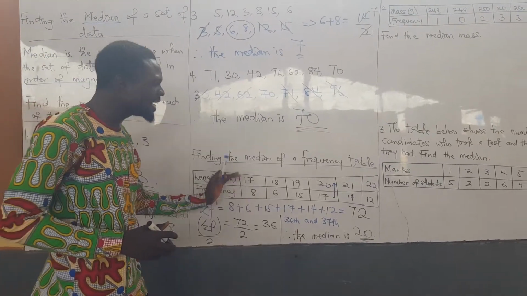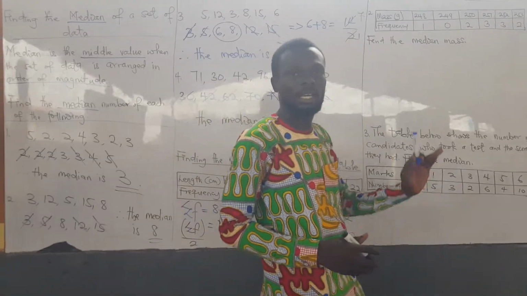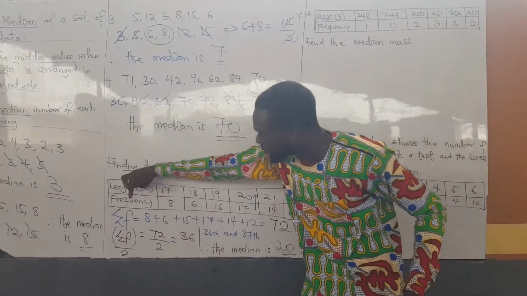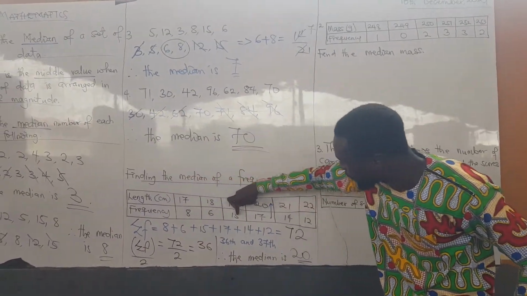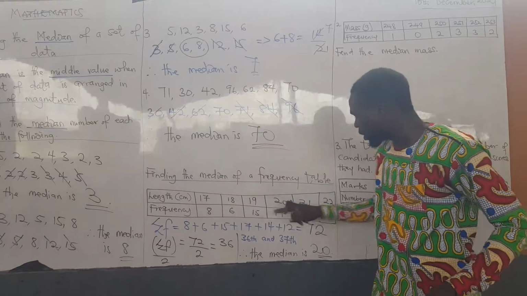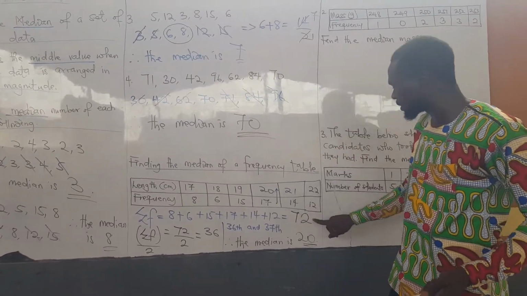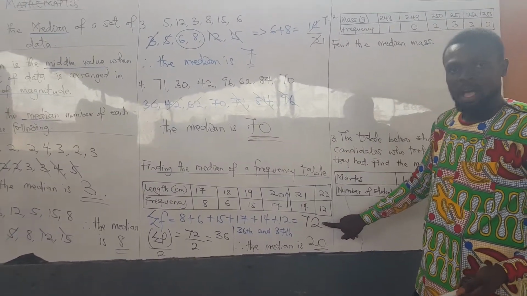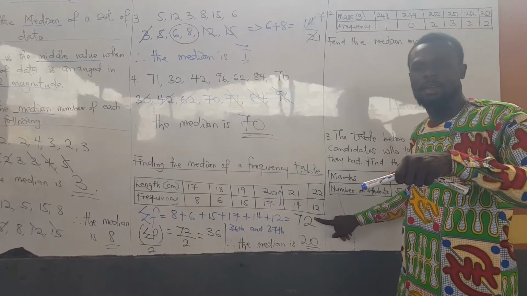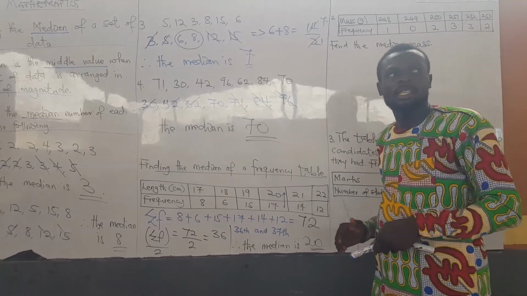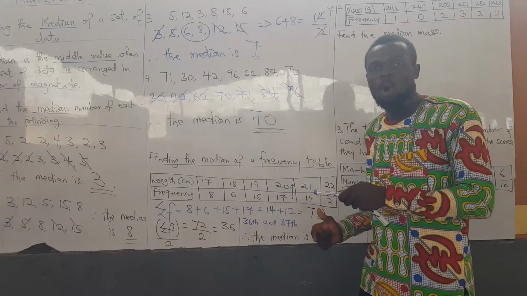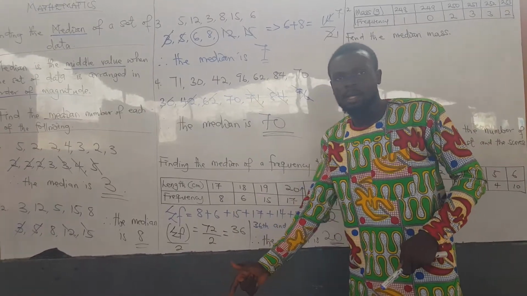So when we are finding the median of a frequency table, you have to first find the sum of the frequencies. The sum of the frequencies here gave us 72. After getting the sigma f, check and ask, is it an even number or an odd number?